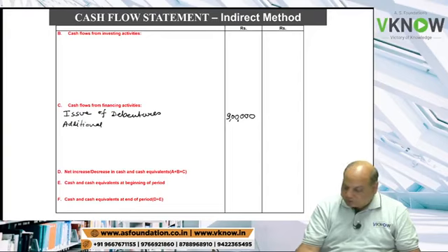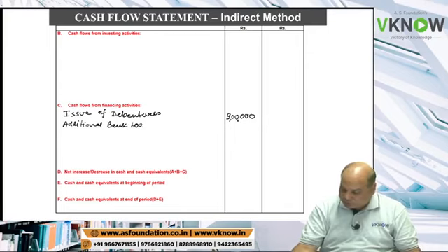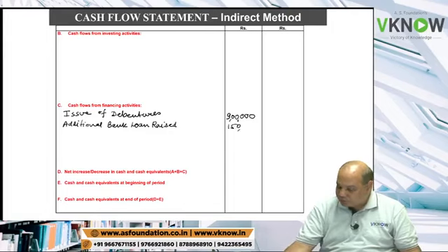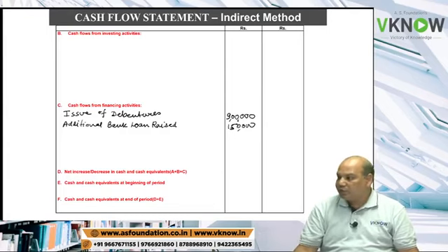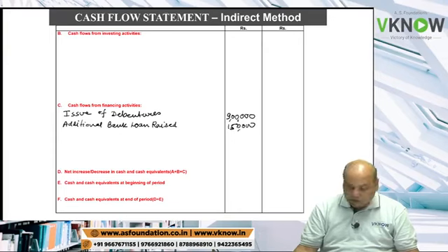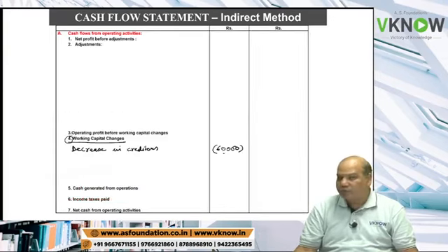Can I say financing activity additional bank loan raised? Additional bank loan raised is 1,50,000. Positive number.